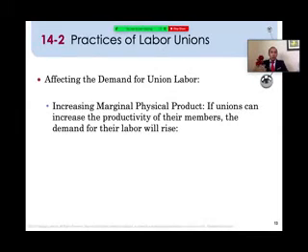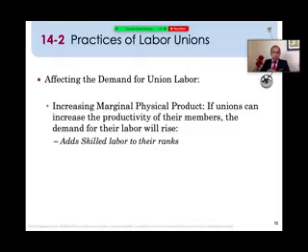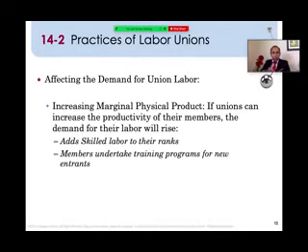So in this case, you can make your workers more productive, increasing the marginal physical productivity of the members of your union, making sure that they meet certain requirements to work under the union and to be part of the union so they can offer skill-based labor. Think about licenses that they require, special training, special skill sets, and so on within their labor pool.